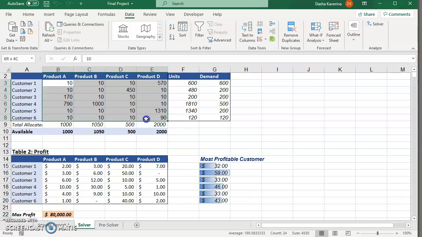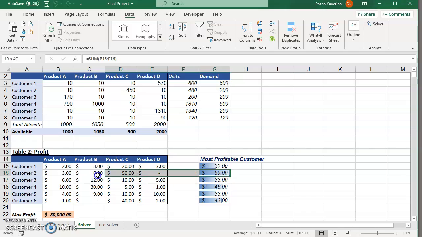So as we can see, everybody gets at least 10, and customers who have the highest profitability get the most product. Obviously, this is just an example. In reality, these quantities might be customized depending on the product, depending on the customer.